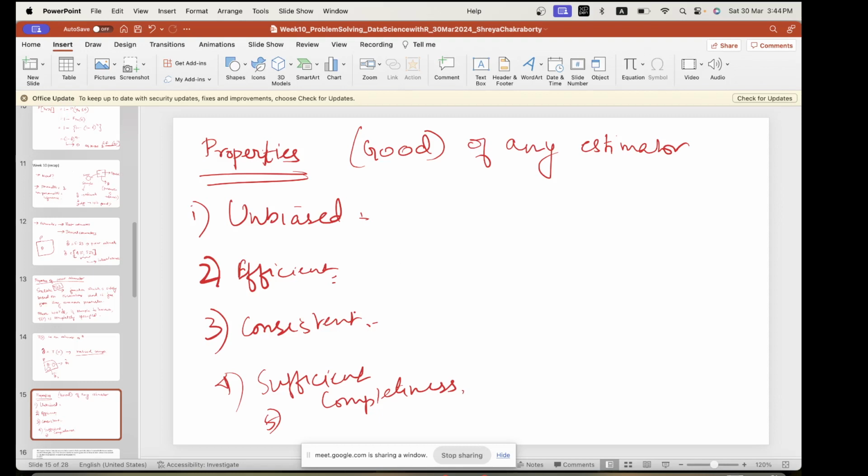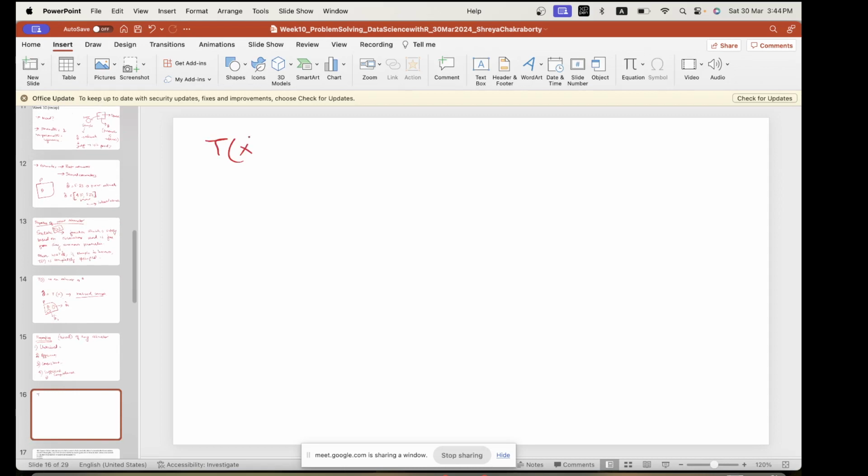Alright, so the first thing that we want to know is unbiasedness. So what is unbiased? If T(X) is an estimator of theta, then theta hat equals T(X).